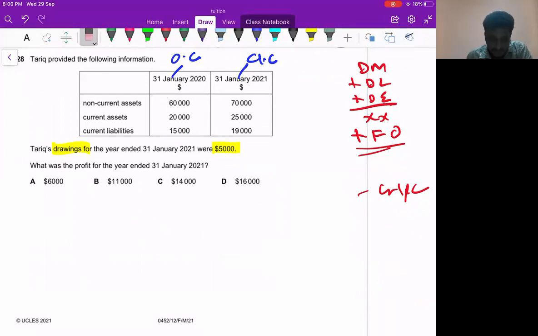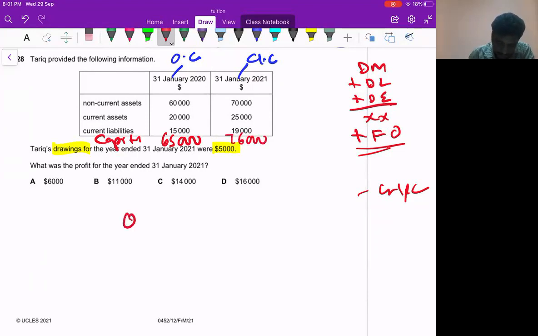How to calculate the opening capital? 60,000 plus 20,000 minus 15,000. I get 65,000 as my opening capital, and my closing capital is 70,000 plus 25,000 minus 19,000, 76,000.